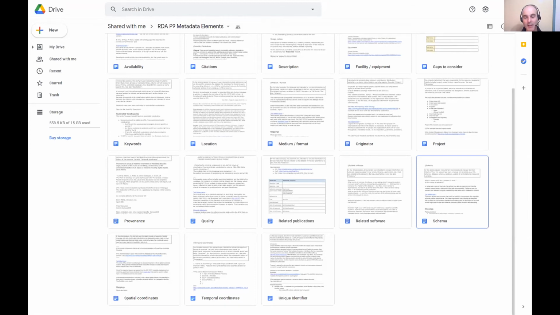How data has been encoded. So if you are using a coding scheme for, say, a person's occupation, then the metadata element that you would use to describe that would all fit under the schema high level element.